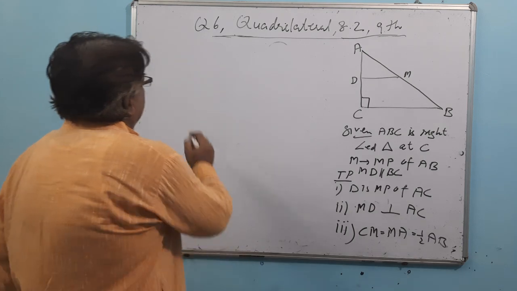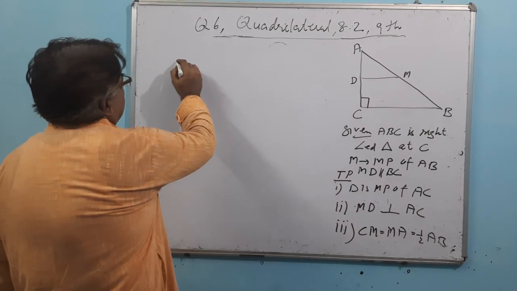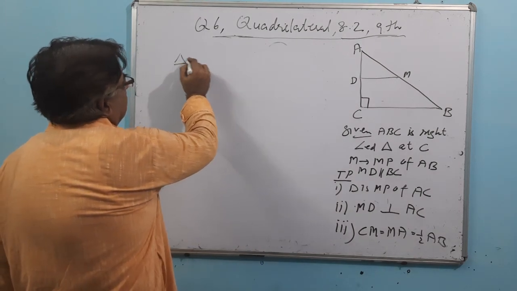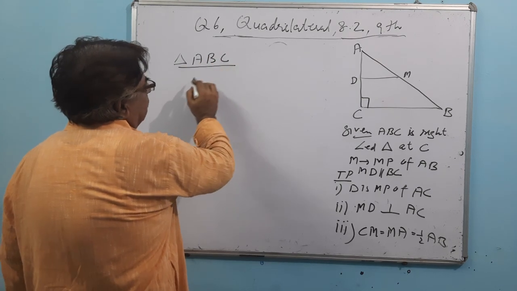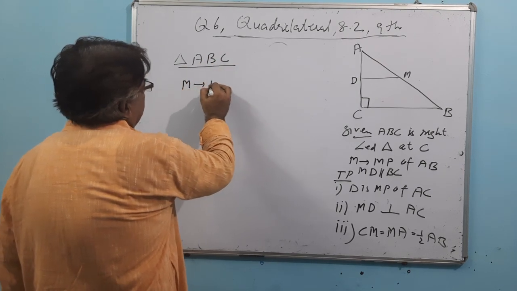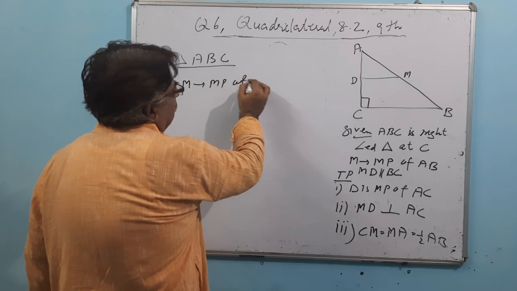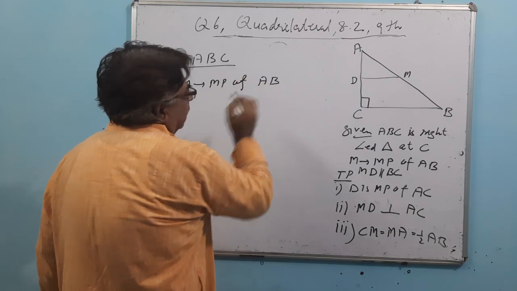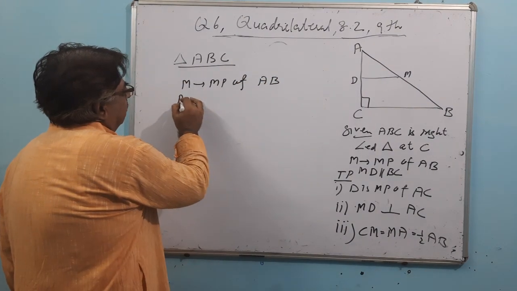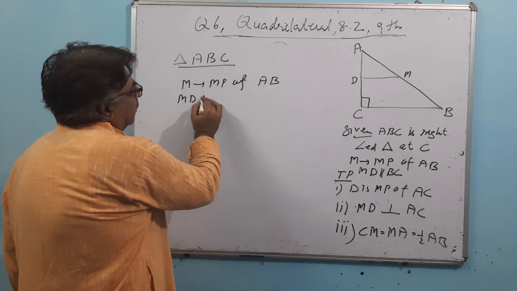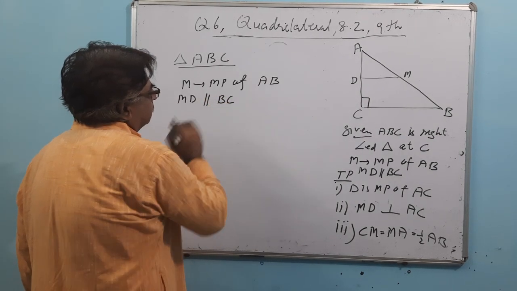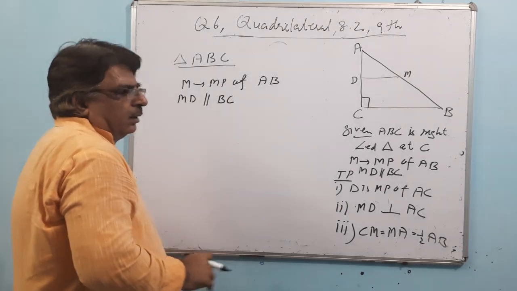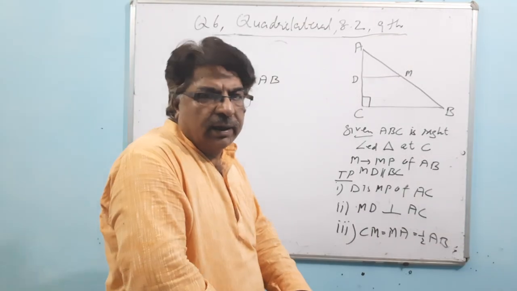It is given that in triangle ABC, M is the midpoint of side AB and MD is parallel to BC. ABC is a triangle.